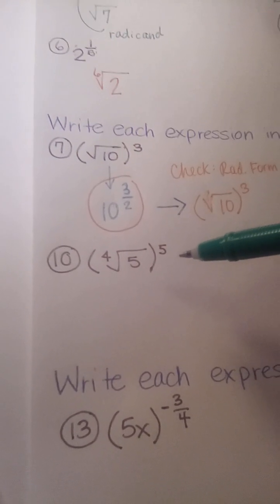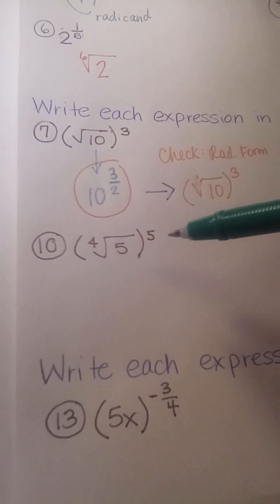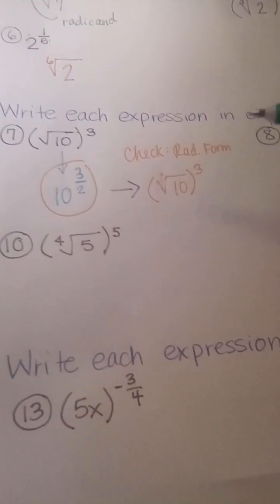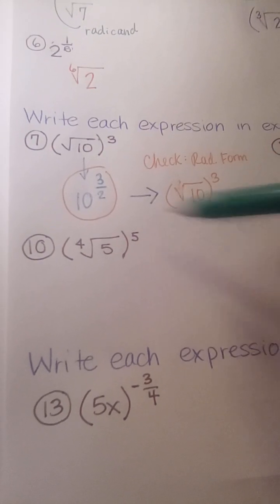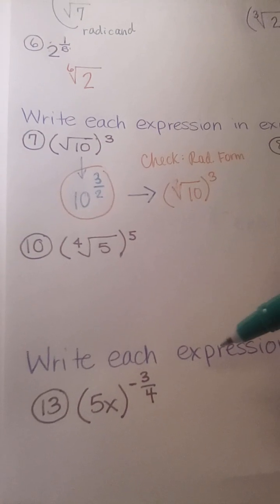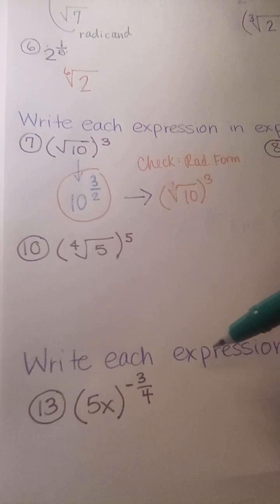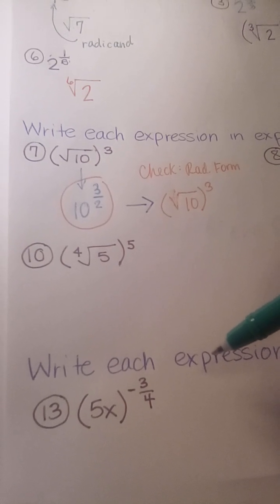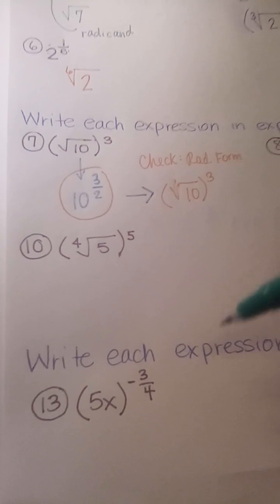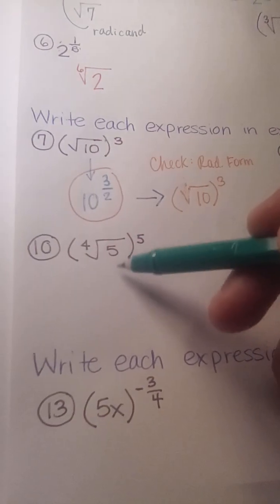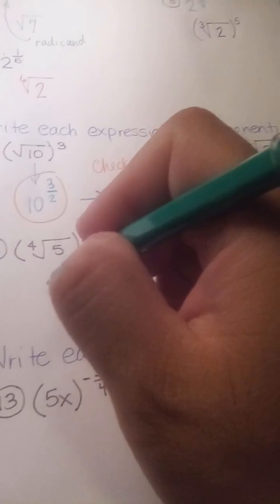Is it a 5, the 4, or the other 5 outside? If you said 5 from inside the square root, you're correct. Very good.